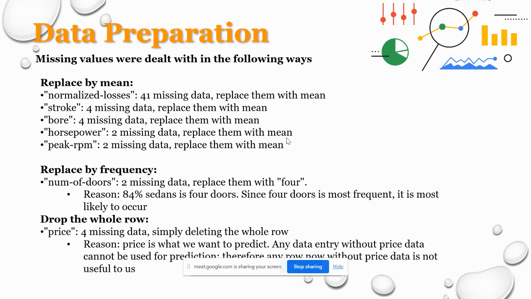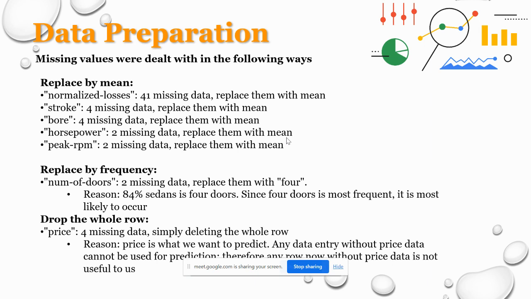Then for dropping off the whole row, price is the predictor variable. We needed to drop off the missing values in price. Price has about four missing values which were discovered. As a caveat or constraint, where your target variable has missing values, what you are left to do is to drop off the rows where the missing values are.